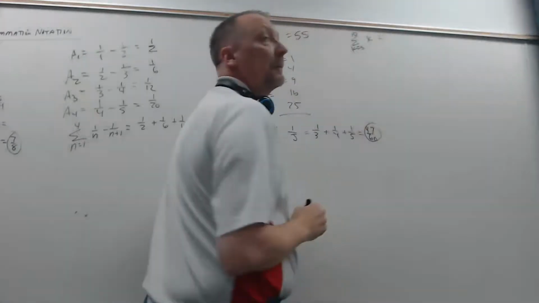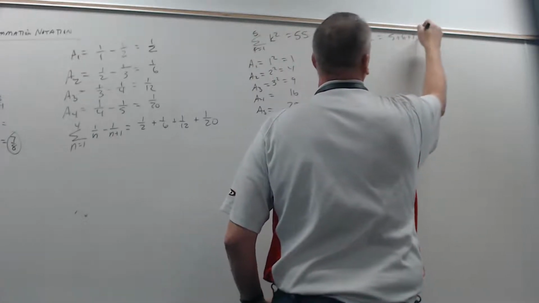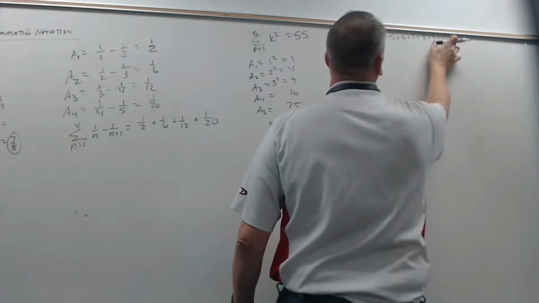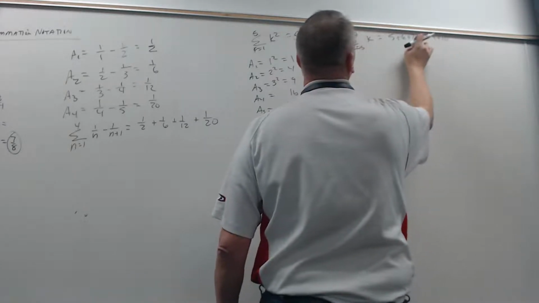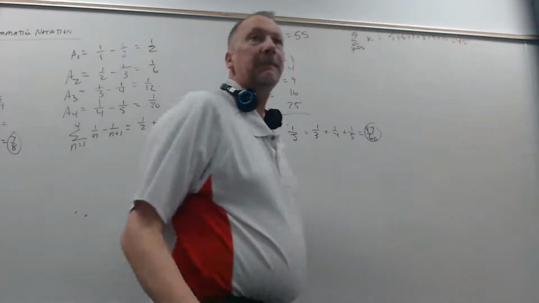This would equal what? 5 plus 6 plus 7 plus 8 plus 9 plus 10. That would be 11, 19, 27, 34, 45. Right? Okay?